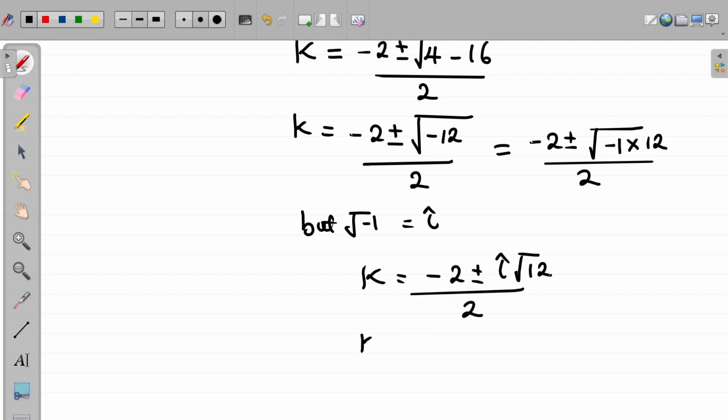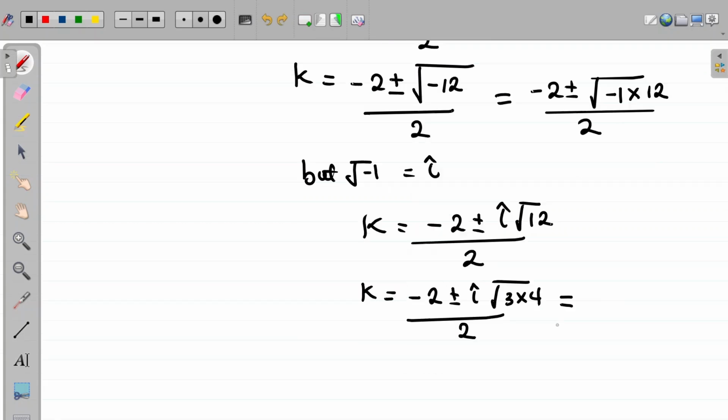We can have that k is equal to minus 2 plus or minus i root of 3 times 4, divided by 2. Our equation becomes minus 2 plus or minus 2 multiplied by i root of 3, divided by 2.